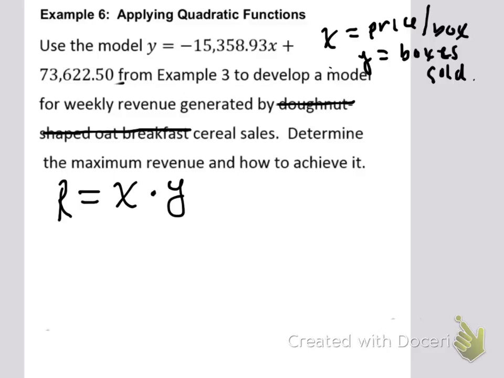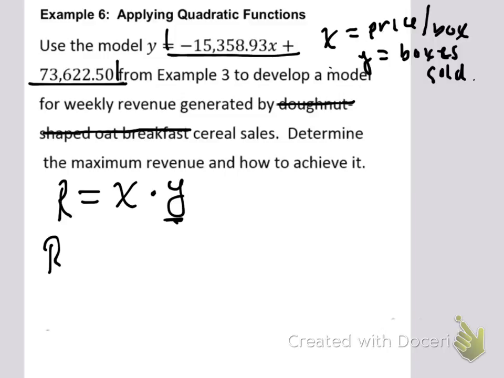Alright, so my y is represented by this equation here. So I'm going to take this and multiply it by x to write my model for weekly revenue.